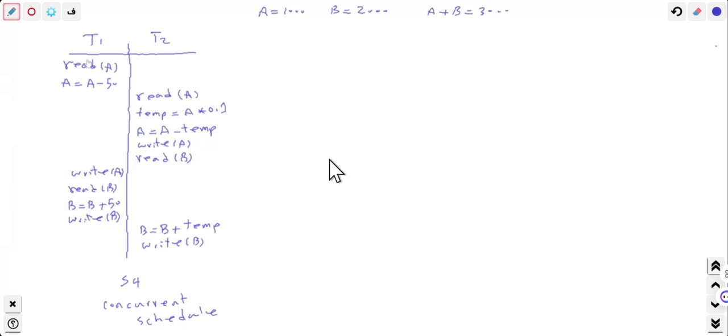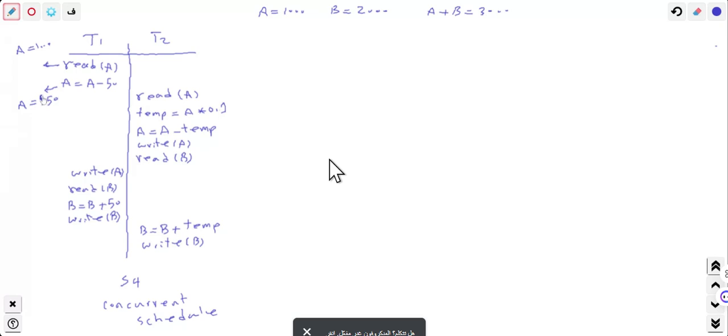Okay, T1 reads A. A here is 1000. Then A is reduced by 50, so here A is 950.